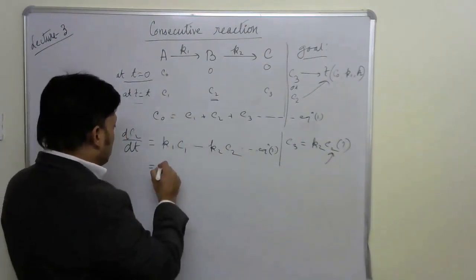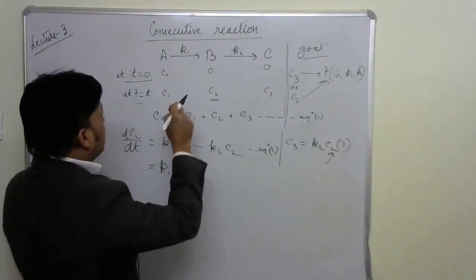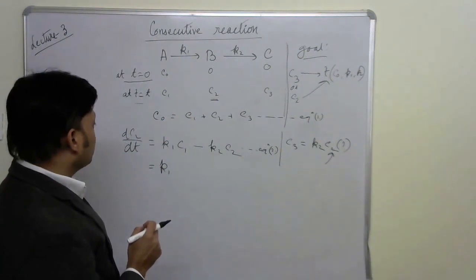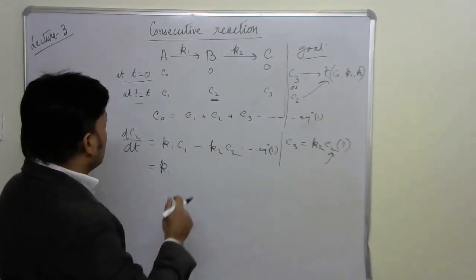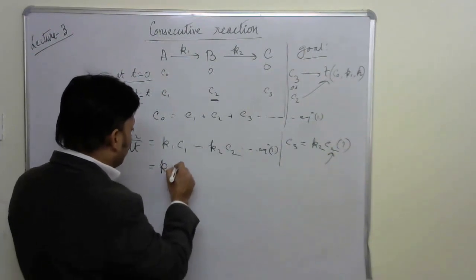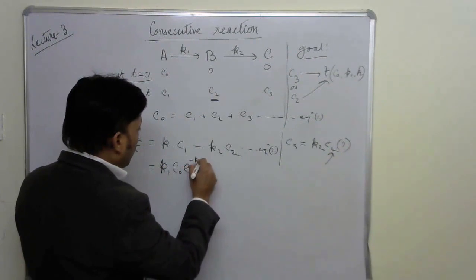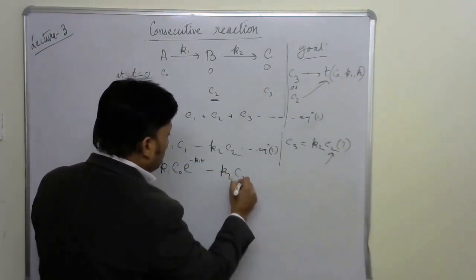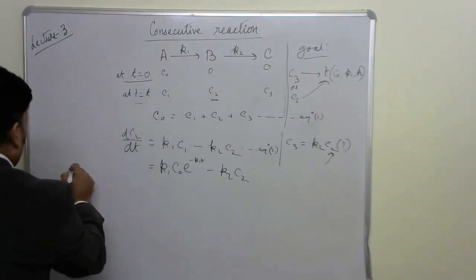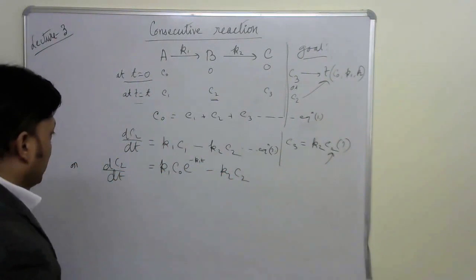How? Because we know that it follows first order rate law. So according to first order, C1 is equal to C naught e to the power minus K1t. Okay, so we already know that. So minus K2 C2, or we can write dC2 dt is equal to this.